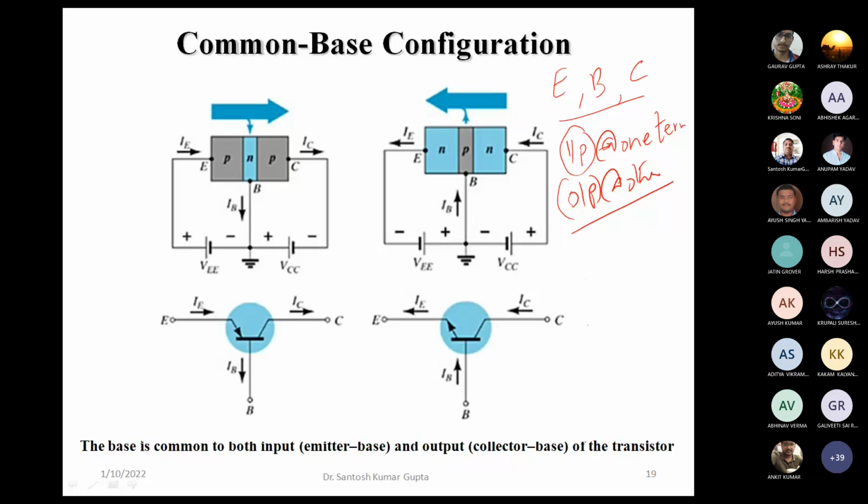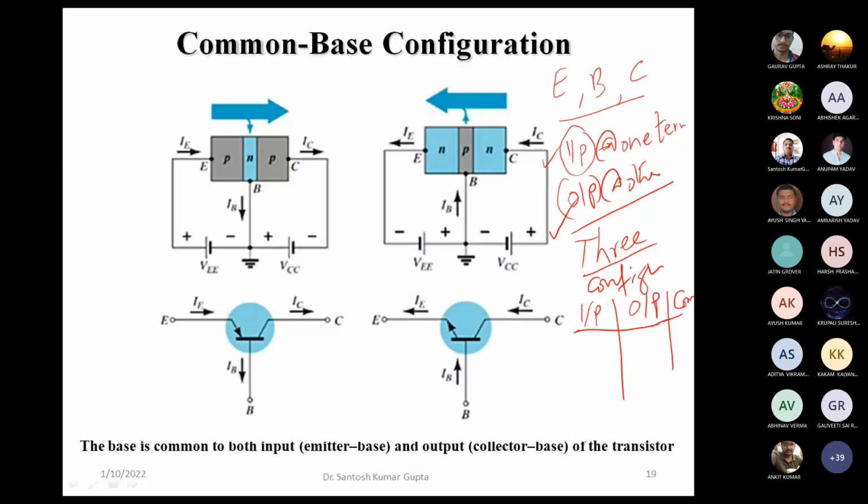For giving input we need one terminal, and for taking output we need one terminal. But the transistor has three terminals, so one terminal is left, and that is made common to both input and output. In this way we have three configurations for the transistors.